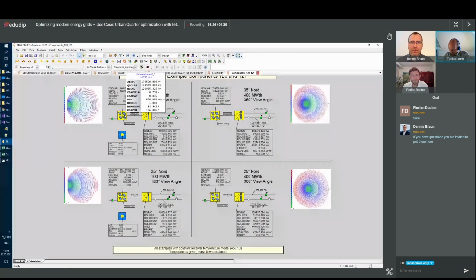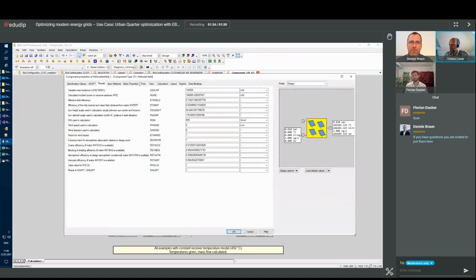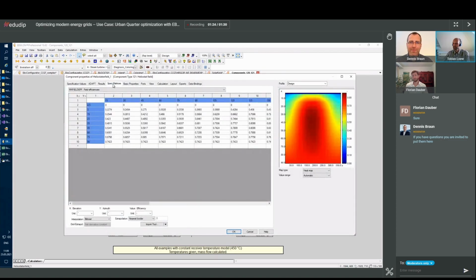We don't do the design of the mirror field, but we have interfaces to plug in data which you can get from DLR and tell EBSILON how your solar field looks like, because for this we have specification matrices where you can plug in your field efficiencies with respect to the position of the sun.